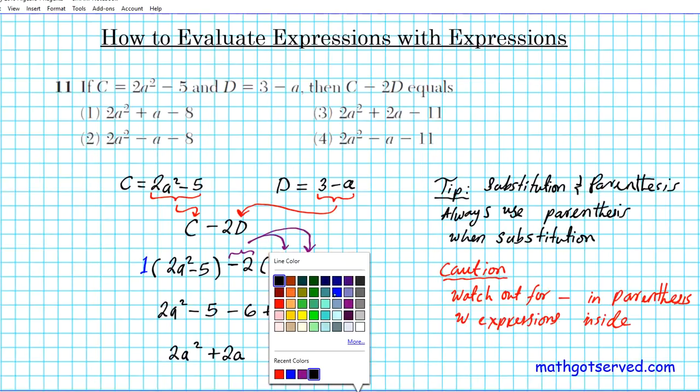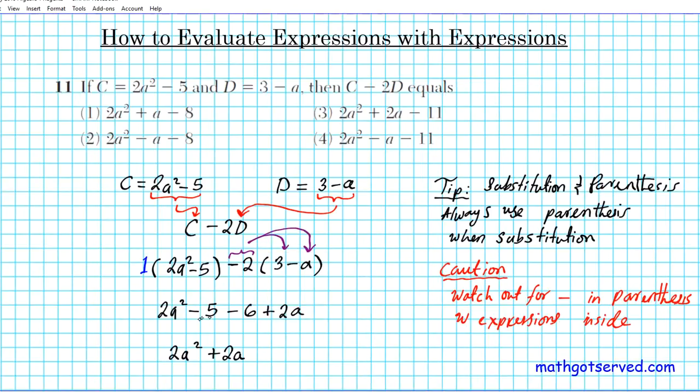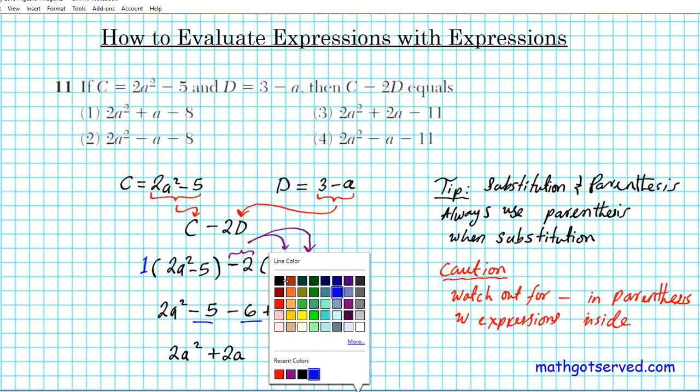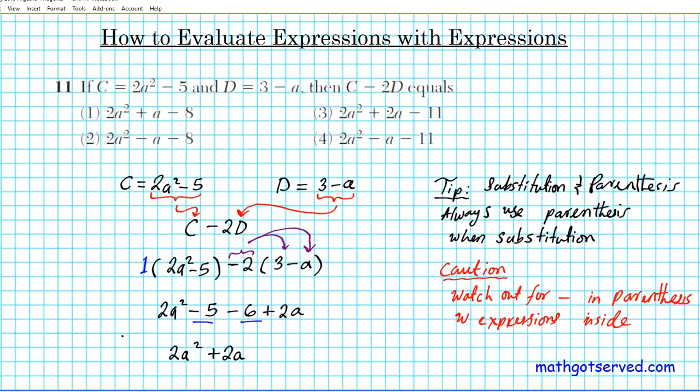The constants, also known as your 0 degree terms, there are two of them that can be combined: minus 5 and minus 6. The signs are the same, so we simply add the numbers and keep the sign. It remains negative. 5 plus 6 is 11. So your answer is 2a squared plus 2a minus 11.